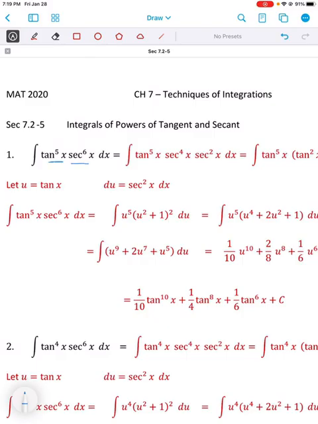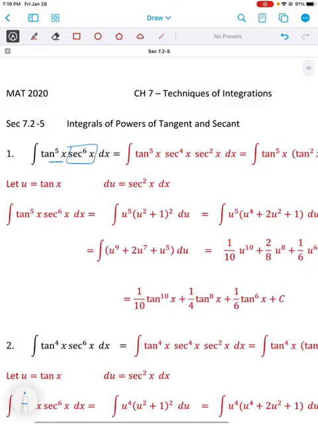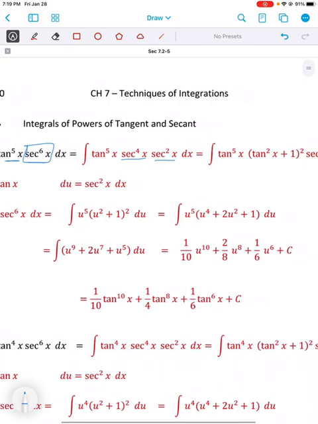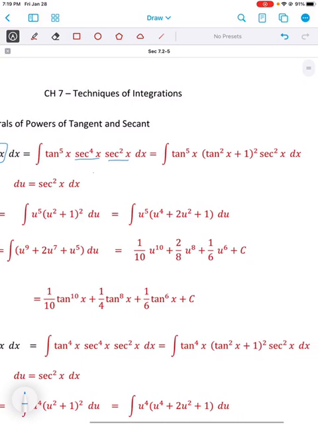So in this case, what is important is that the secant has an even power. Whenever you have this situation, what you are going to do is separate a secant square x and leave the other powers, whatever is left of the secant, and then convert this secant into powers of tangent by using the Pythagorean identity.